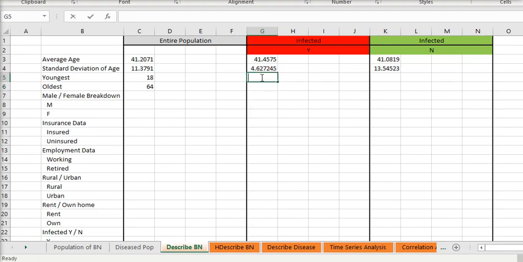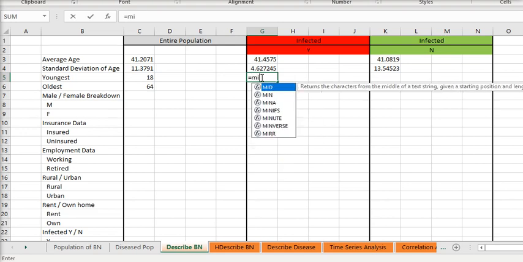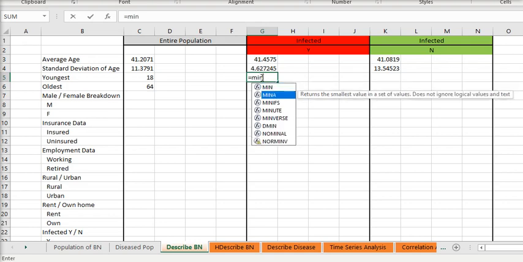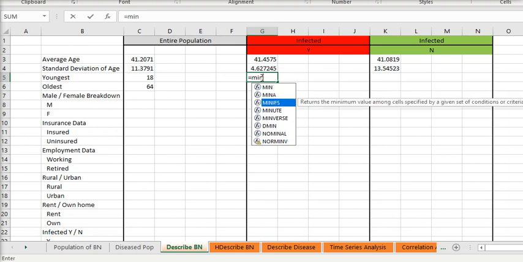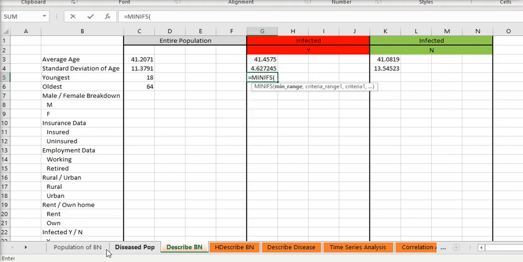But now let's look at the youngest age for a specific set of the populations. We're going to use our friend MINIFS, and this is going to give us our formula. There's a min range, criteria range, and then the criteria.